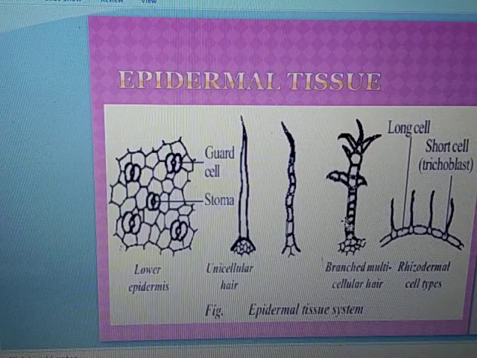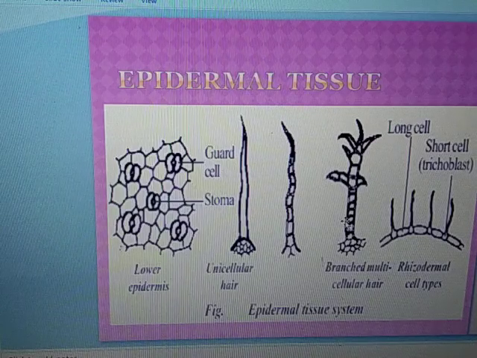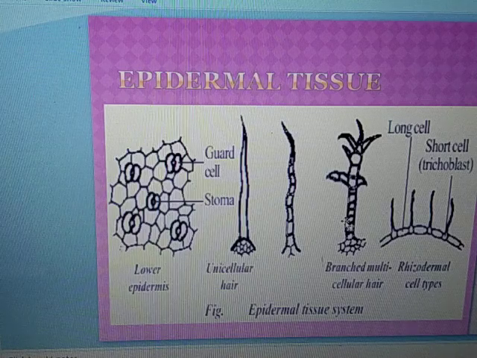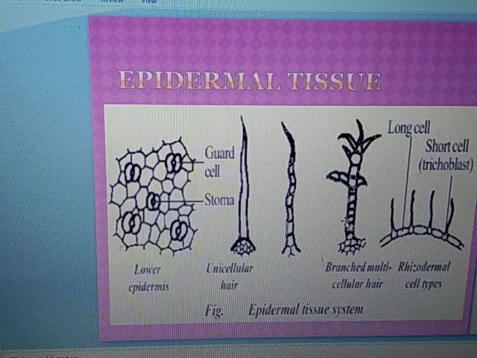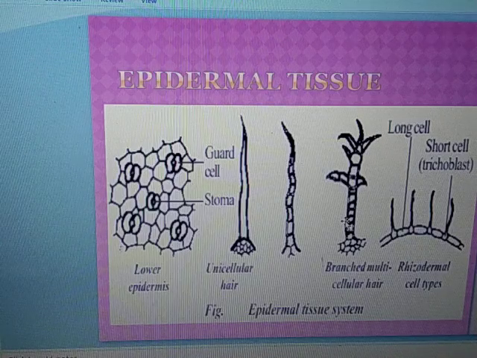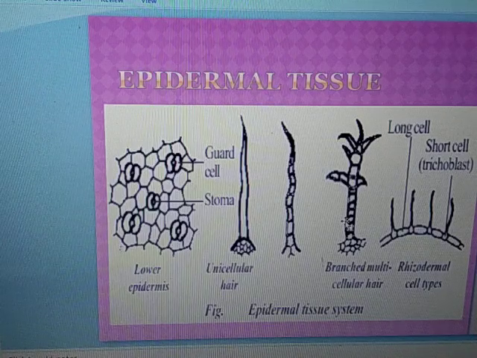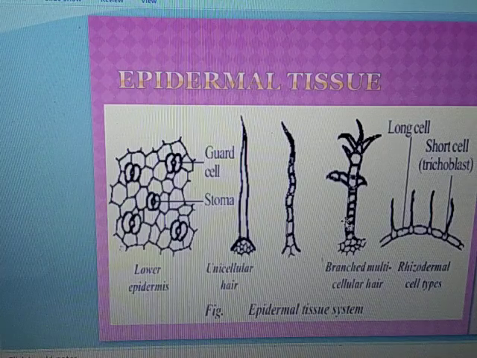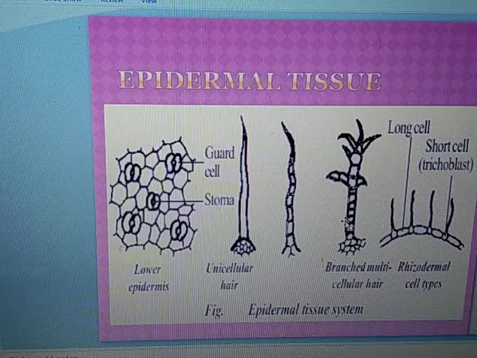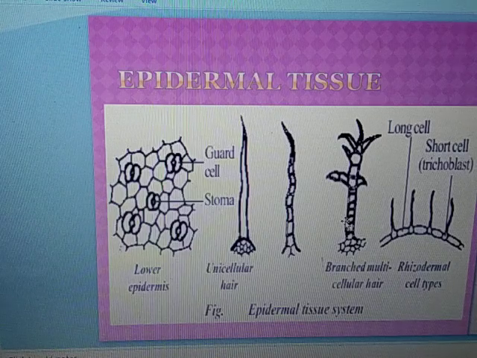In the case of epidermis, mostly the cells are living and have different shapes and sizes. These cells are unevenly thick, which means the thickness of the cells in the epidermis is not even.